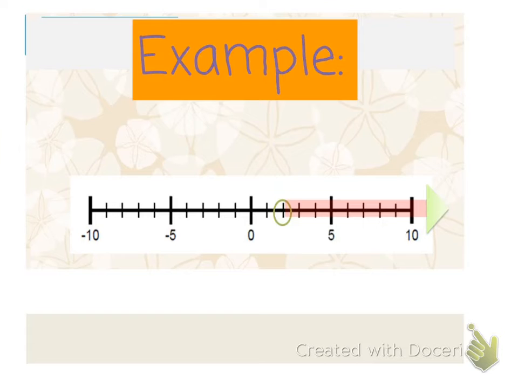Does anybody know what they think this might mean? All the numbers that are greater than what number? 2. All the numbers that are greater than the number 2. And notice on the end, there's an arrow saying it's going forever in that direction, because all the numbers that are way past this number line are still part of it, right?